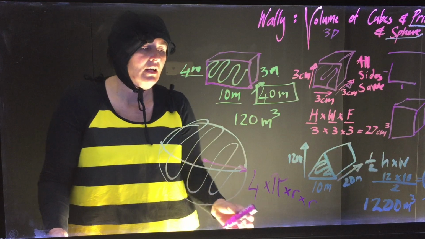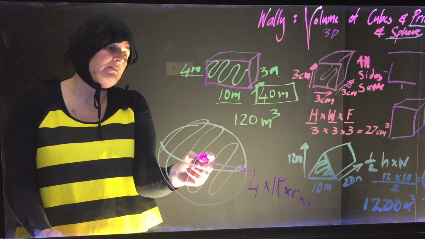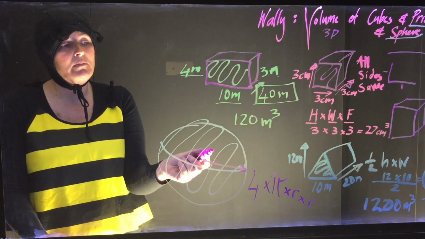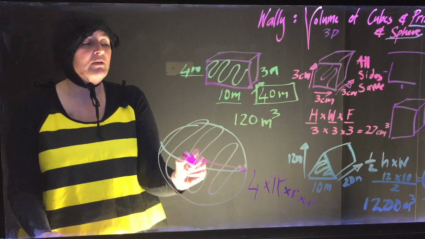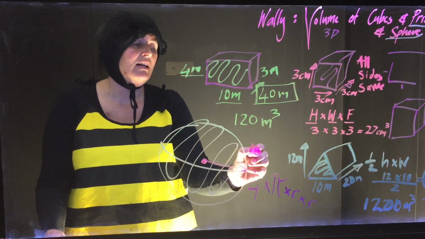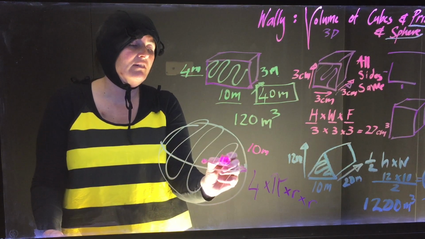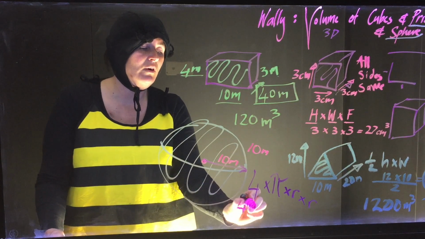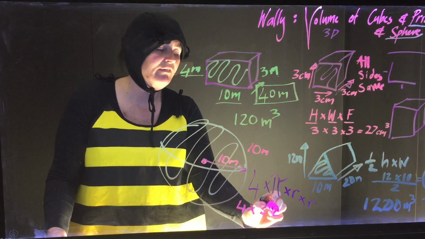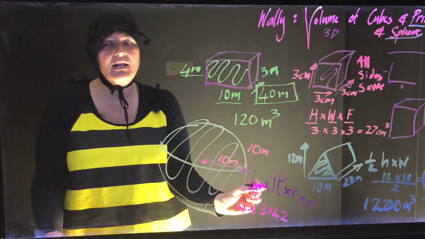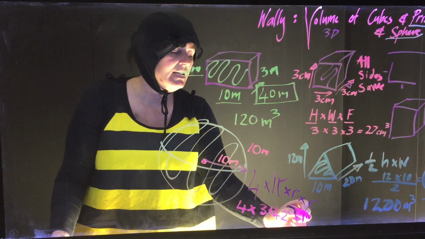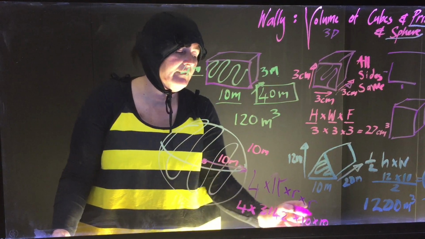So, if I was playing football with some polar bears, our ball is 10 meters on a radius. So I would have to go 4 times 3.142, which is the secret number, times 10 times 10.